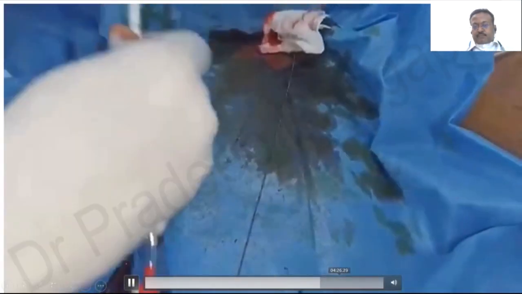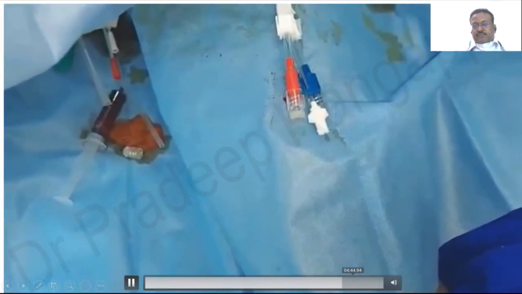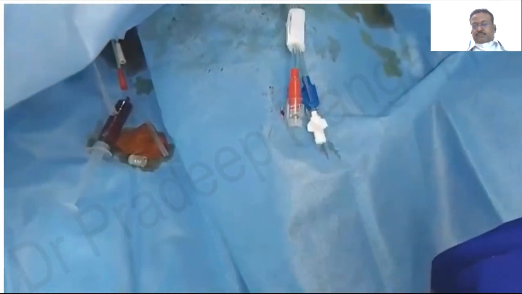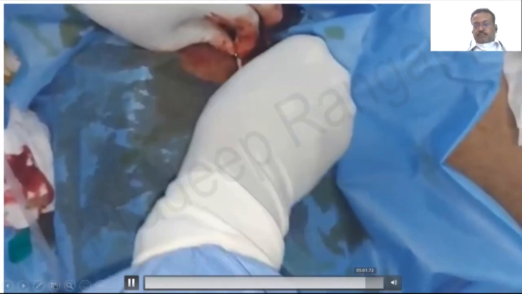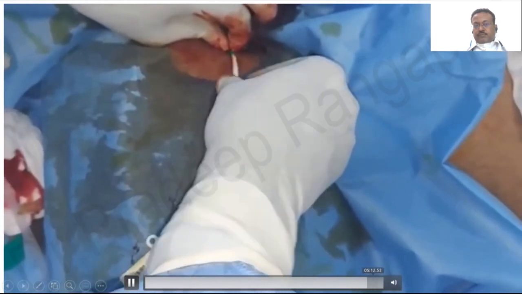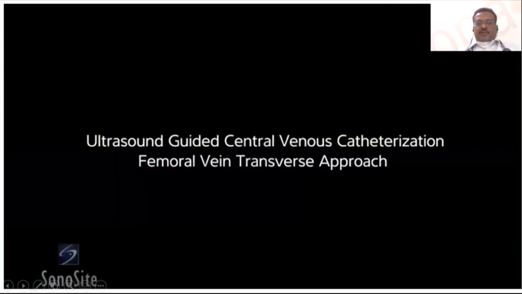Anyway, you know the steps. So now you see the catheter going in. Okay, so you can see the blood being aspirated.